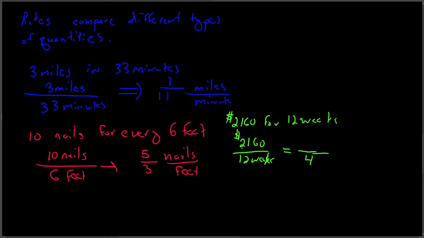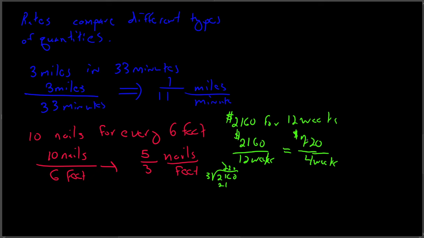And 2160 divided by 3. Let me write that out. 720. And I notice really quickly that both are divisible by 2. Let's see if this is divisible by 4.